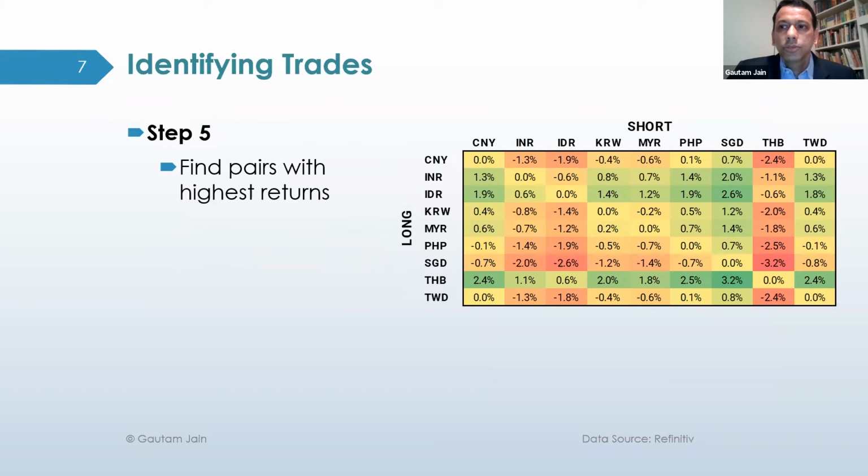Next, what I do is I pair currencies and rates against each other. And this is important. The reason I do that is because for emerging markets currencies, the main driver is the US dollar. So a significant portion of their move essentially comes from the dollar. Similarly, for rates, a significant driver is US rates.